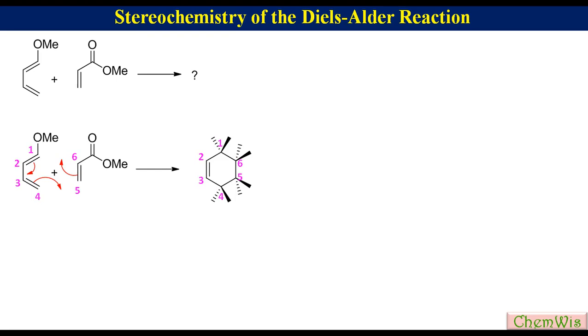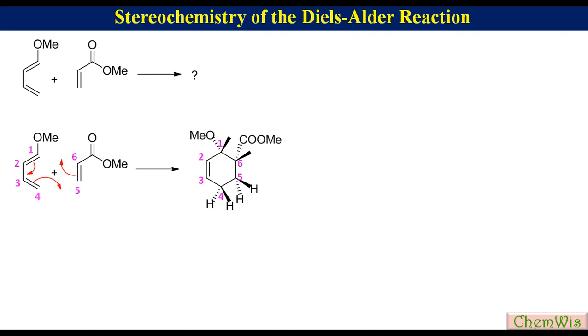At C4 and C5, there are only hydrogen atoms, so put hydrogens at C4 and C5. We know that in endoproduct, the outer group in the diene and the electron withdrawing group in the dienophile are cis to each other. So, methoxy at C1 and ester at C6 would be cis like this.